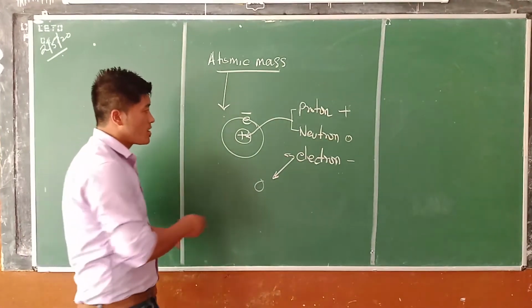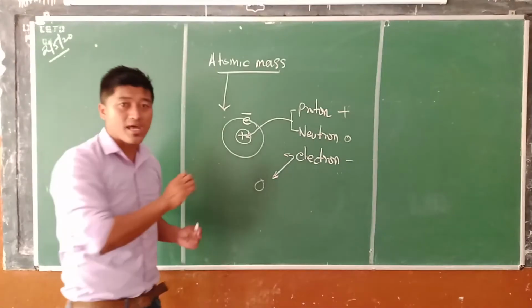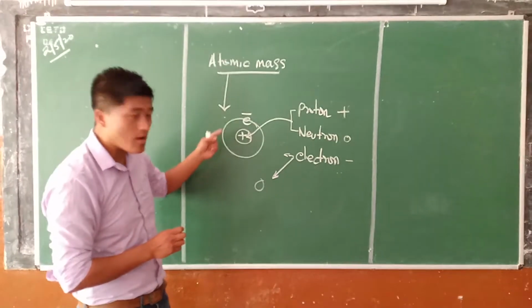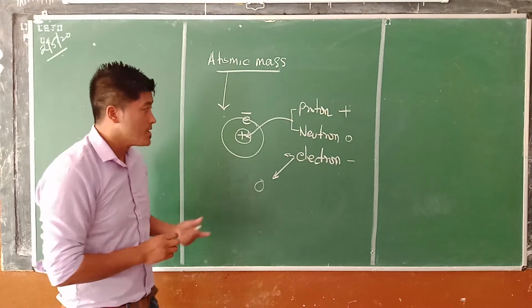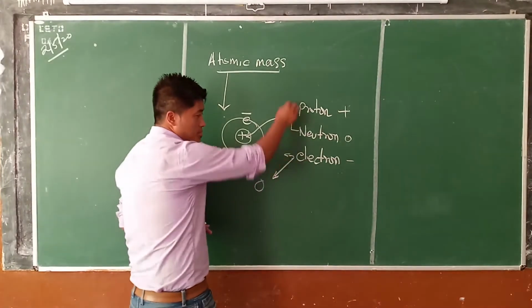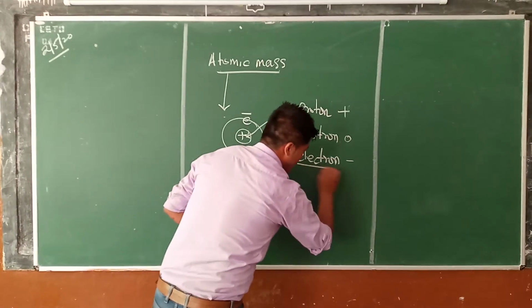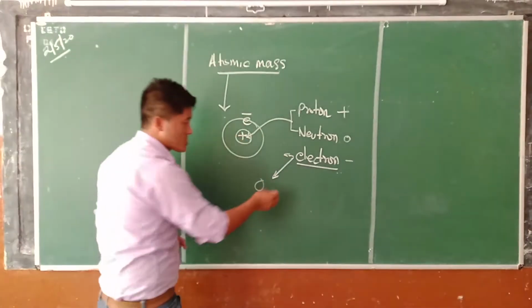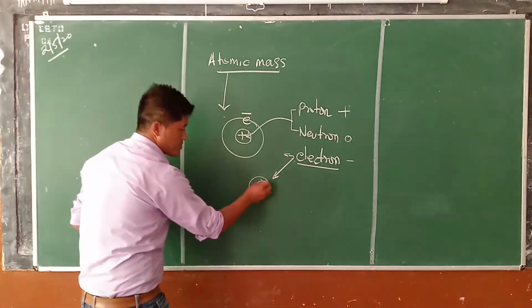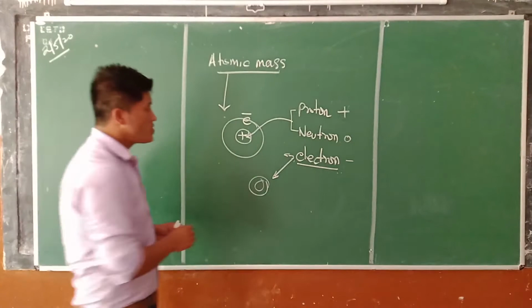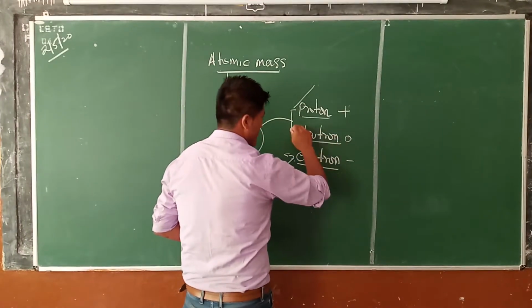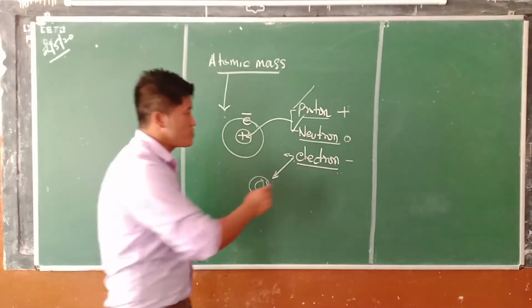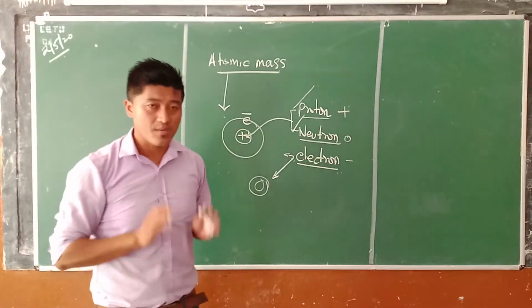Which is why we never consider the mass of the electron when measuring the atomic mass of an atom. Proton and neutron both carry some mass, but the neutron doesn't carry any charge. Keep that in mind.